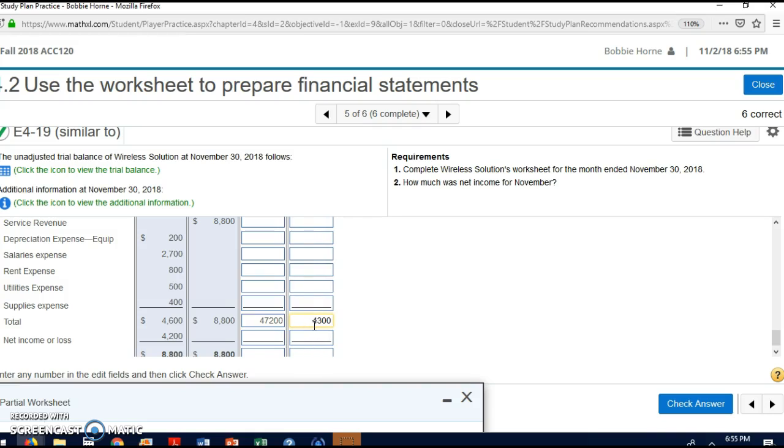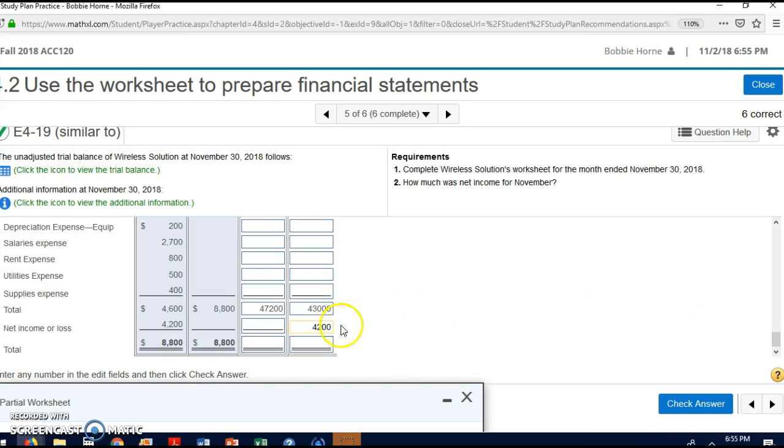So the difference here is your net income, and it should be the same number over here that it is over here. And it is. So we know that if we get the same number for net income on the income statement worksheet and on the balance sheet, then we are in good shape.